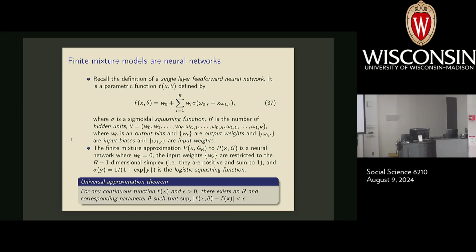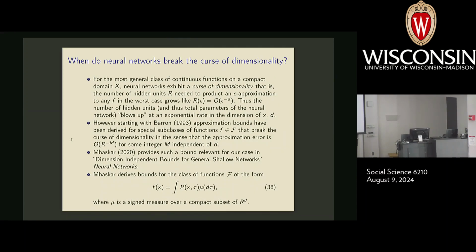It's an easy translation to take this theorem and say F is the mixture of these mixed logits, with a squashing function. But now we're going to use a very powerful result by Mhaskar, in his 2021 paper called Dimension-Independent Bounds for General Shallow Networks, in the journal Neural Networks.